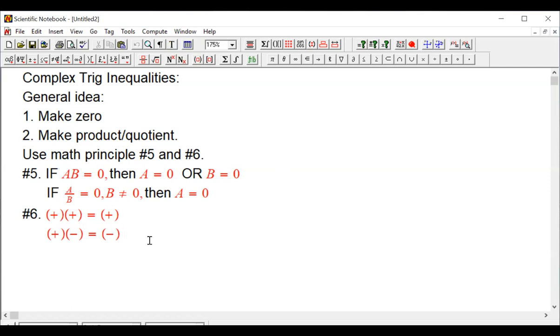A negative number times a positive equals a negative. And the last, of course, is negative times negative equals positive.